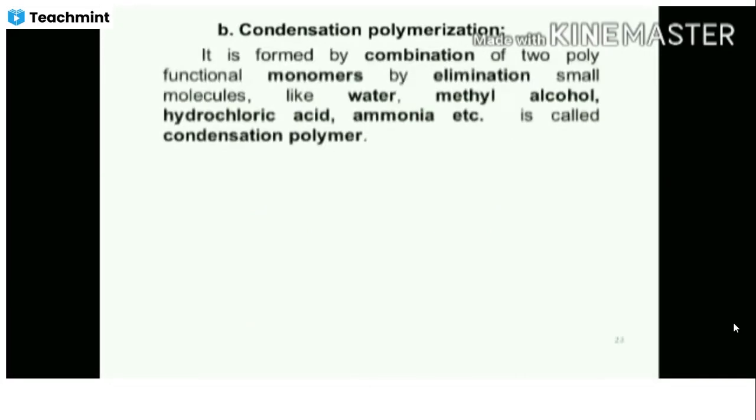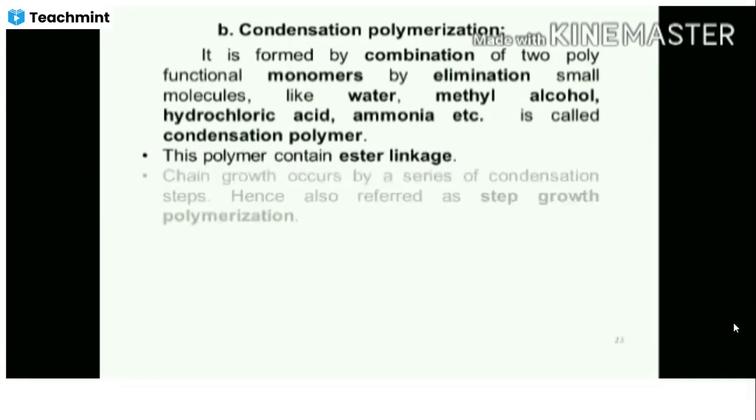Next type, condensation polymerization. It is formed by combination of two polyfunctional monomers by elimination of small molecules like water, methyl alcohol, hydrochloric acid, ammonia, etc. It is called the condensation polymer. These polymers contain ester linkage.